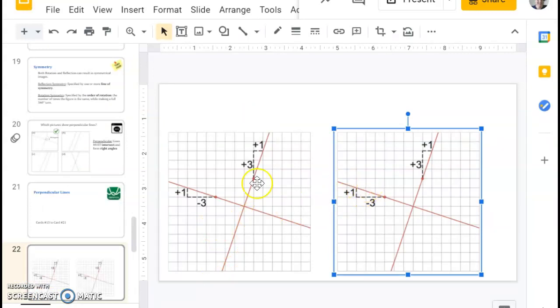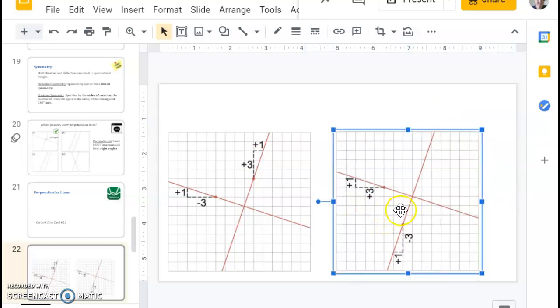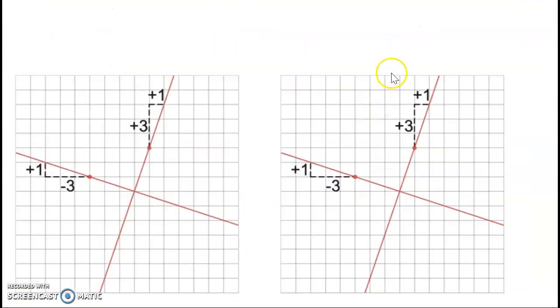So hopefully you'd have noticed that these two triangles, this was card number 20, I believe, are a rotated image by 90 degrees counterclockwise. When I do that, do you see that this triangle and this triangle are rotated images of each other?